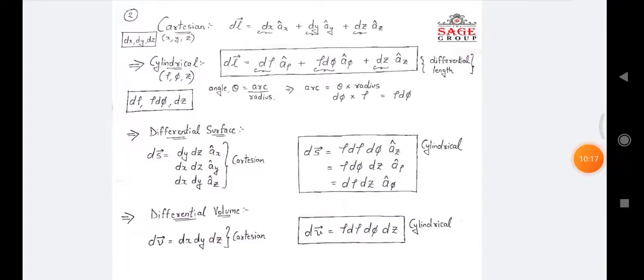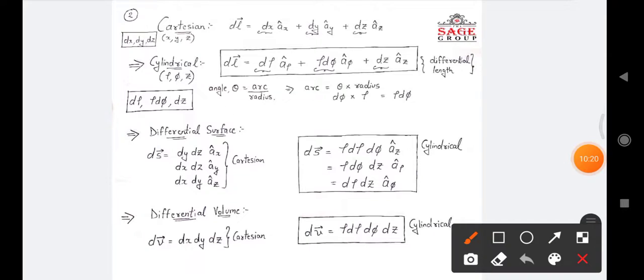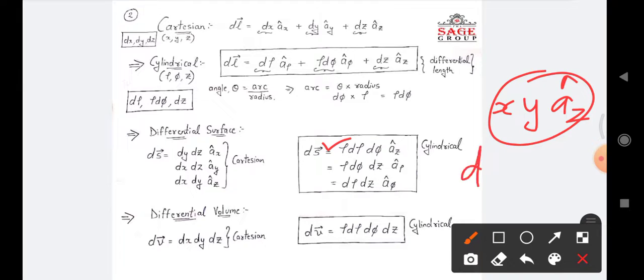Now many students have confusion. They come and say, sir, why have you multiplied these differential parameters? If we are finding the length, surface and volume, we will simply multiply the parameters. They ask, sir, for the differential surface we will multiply x, y and az? No, this is not the correct way. I have written dx, dy, az. This is the correct thing. Why?